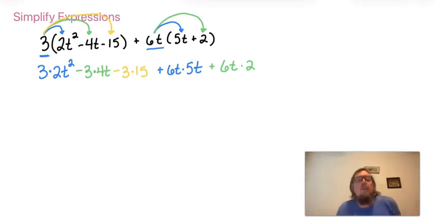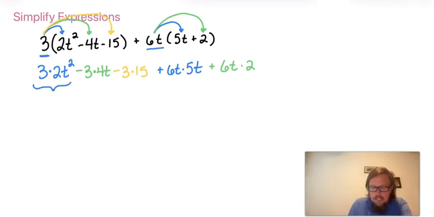Okay, so after we've done this, we're going to go ahead and multiply all of these monomials together using our exponent rules. So 3 times 2t is 6t squared. Then we've got negative 3 times 4t, which is negative 12t.